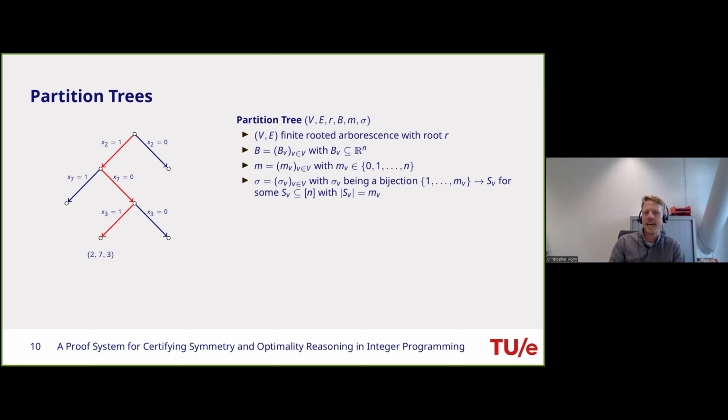So this is an abstract generalization of the ingredients that we need in branch and bound: the arborescence, which resembles the branch and bound tree, together with the feasible regions B_v, and then this m and the sigma, which will be used to define some lexicographic comparison on a subset of the variables.